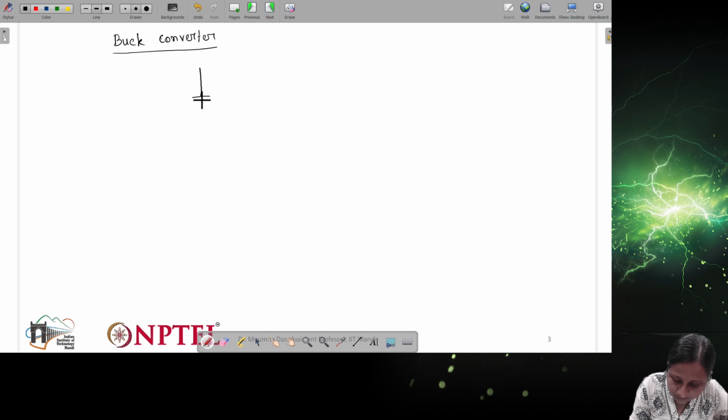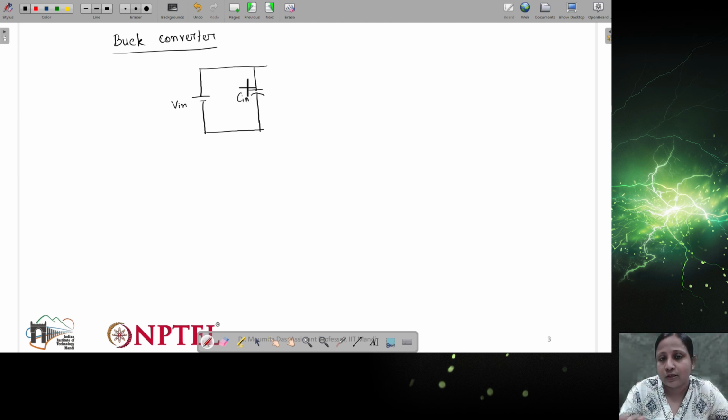So this is the input voltage of the buck converter, and the input capacitance of the buck converter. This is connected, like if there is any distance between V in and C in or the converter, this capacitance is present to make sure that there will be constant supply from the input.